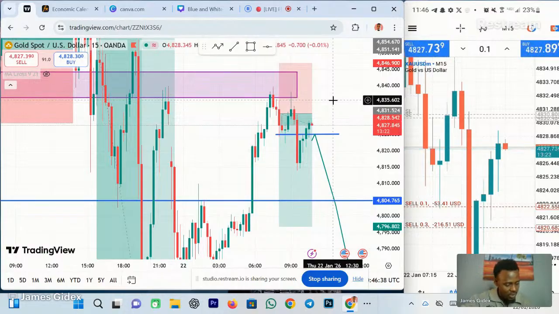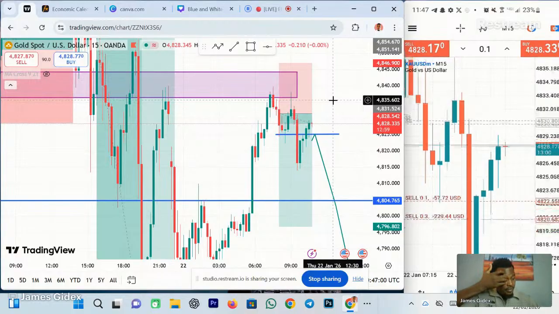If it takes us out, fine. According to my analysis, it's still going to push back down, but if the other way around happens, then it's fine.